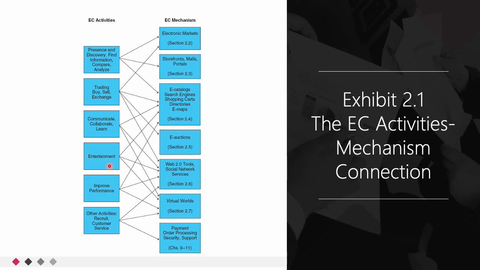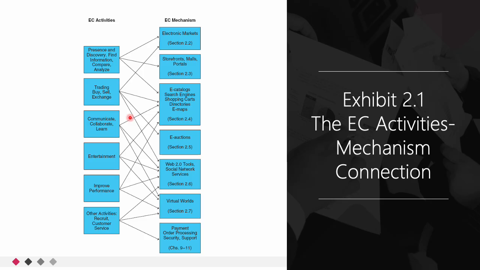In this slide, you see person activities and the mechanism connection between one another, right? So basically, it's talking about how each activity relies on specific tools or tech to work.